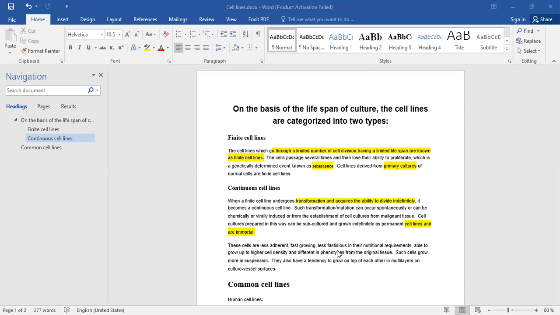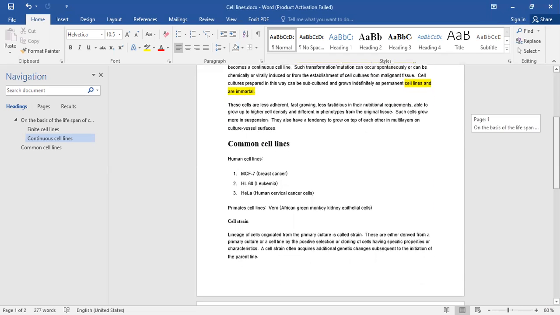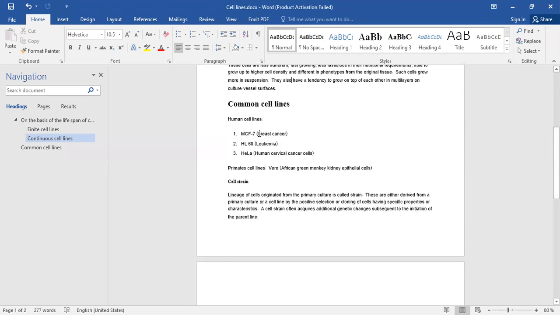So multiple layers of these continuous cell lines will be used for animal cell culture. So these are the continuous cell lines. Examples of these cell lines are the human cell lines such as MCF7, HL60, and HeLa, the human cervical cancer cell line.